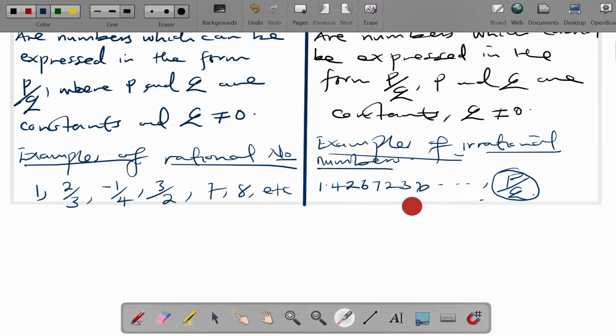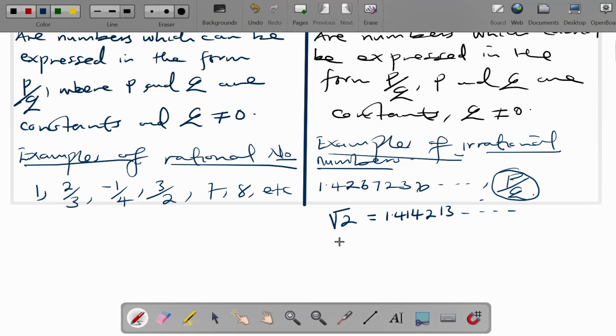We see that this number cannot be expressed in the form of P divided by Q. We can have another example of such numbers. If we have a number, for example, square root of 2, this is an example of an irrational number because it gives us 1.414213 like that.